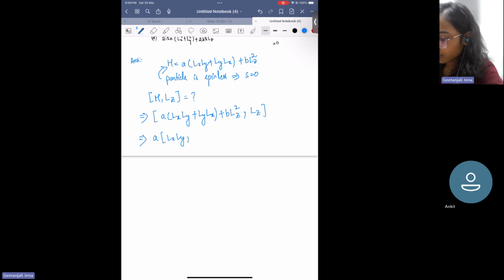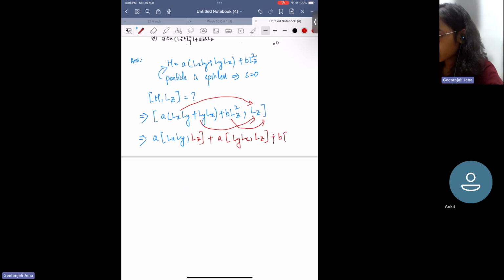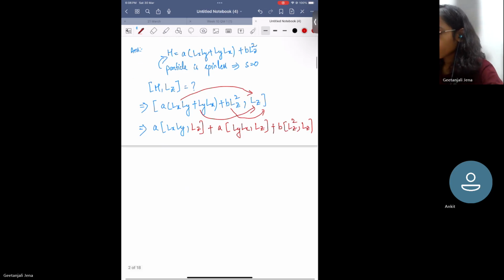It will be Lx Ly. Based on the commutation relation, the plus part will get split into individual parts. We'll get the commutation of the first with Lz, A times Ly Lx with Lz, plus B times Lz square with Lz.